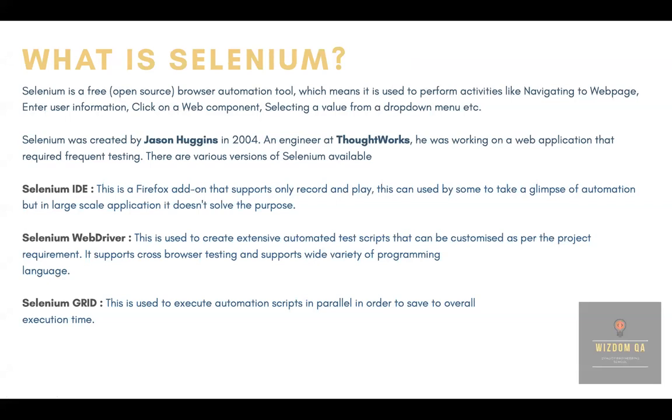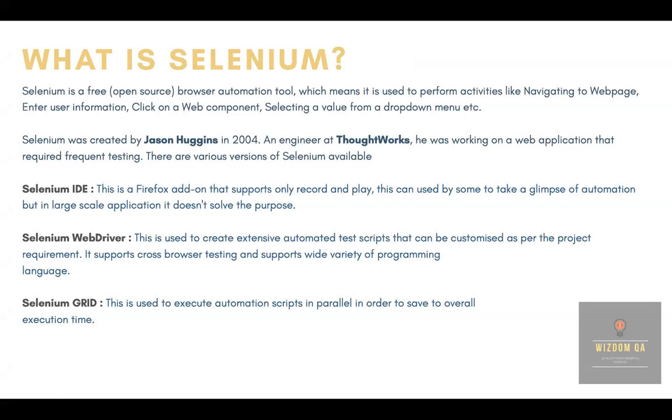Okay. What is Selenium? Selenium is a free open source tool that helps us to perform browser level activities like navigating to a web page, entering user information, clicking on any kind of web component, selecting a value from a drop-down.